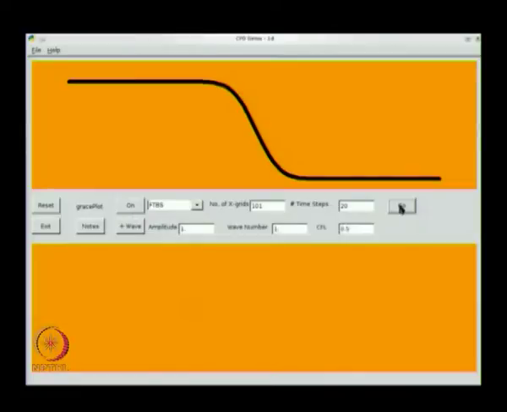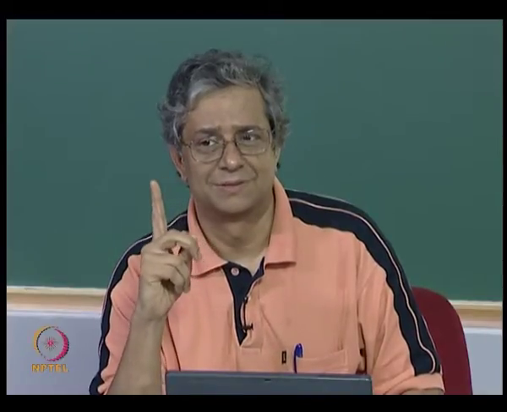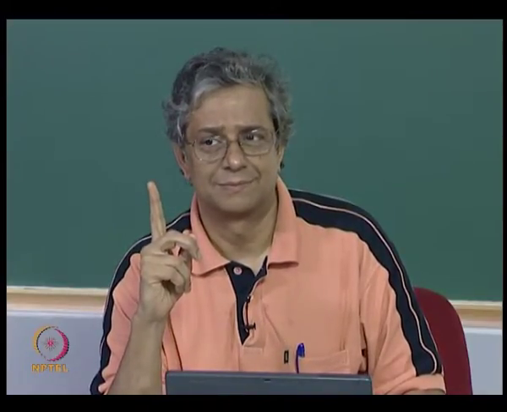Just describe to me what has happened to the curve. The curve seems to have become smoother. In order to get that steep step, what do I need? See, all the high frequency terms have disappeared. That is basically what has happened.